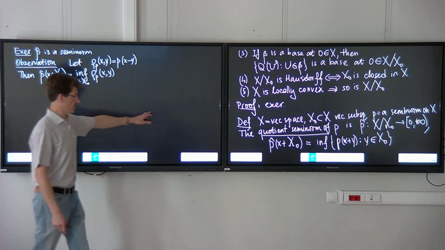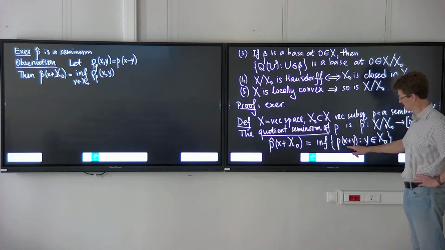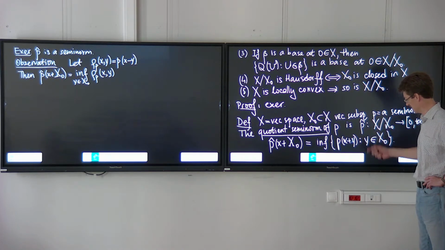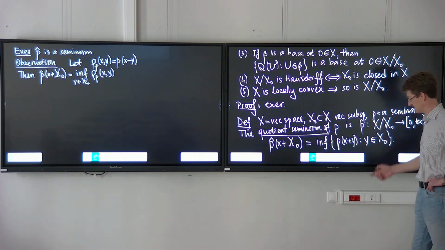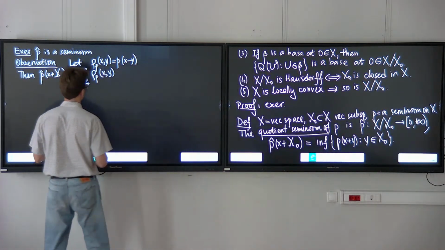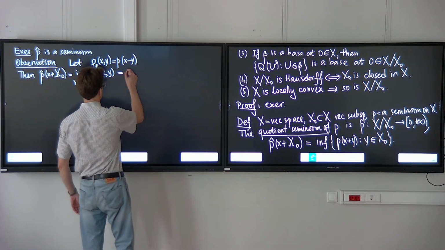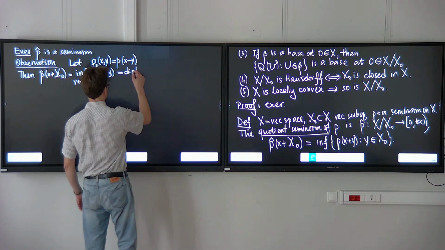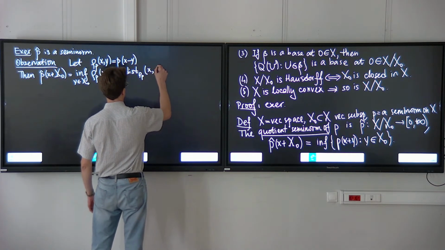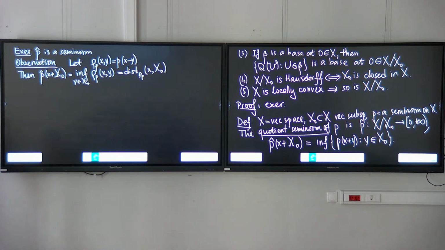This is almost the definition of the quotient seminorm, but the only difference is that we replaced a plus by a minus. But of course, if y runs over X0, then minus y also runs over X0. So this is our original definition. This is nothing but the distance with respect to this semi-metric between x and X0. So this is the geometric meaning of the quotient seminorm.